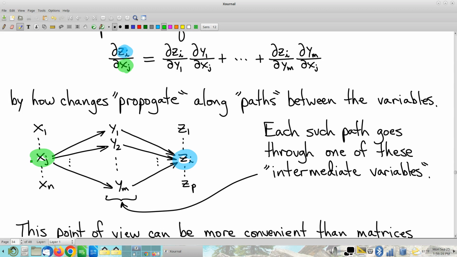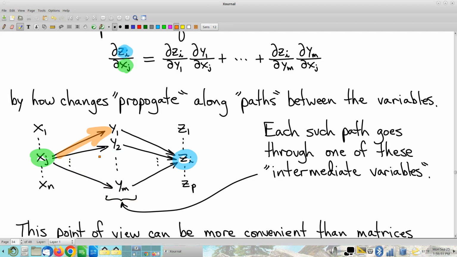And I point out that if xj changes, then all of these other y variables are going to be changing, because xj is one of their inputs, so each one of those y's is going to start changing. Is that cool? Okay, so let's think about these one at a time.